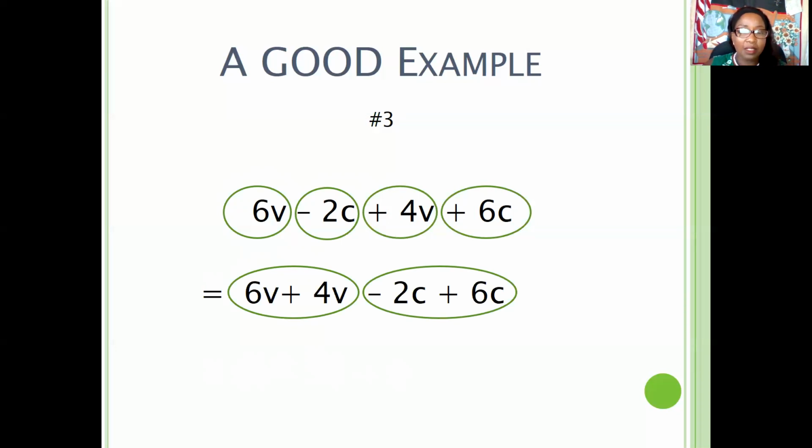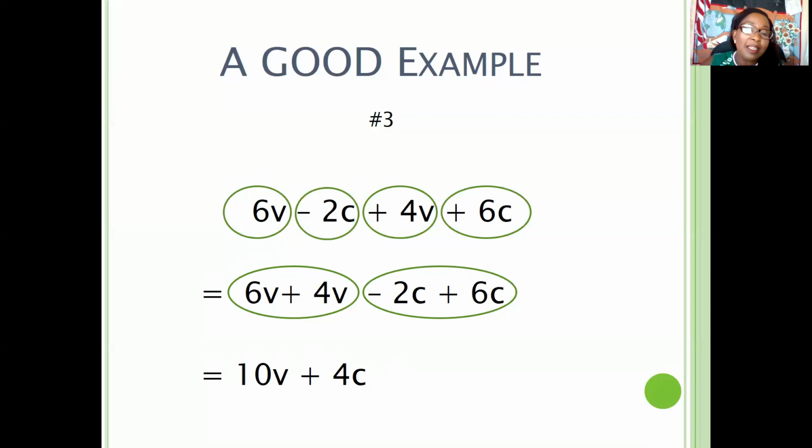Now, 6v plus 4v, and I would read that second portion as negative 2c plus 6c. 6v plus 4v is 10v. Negative 2c plus 6c, 4c.